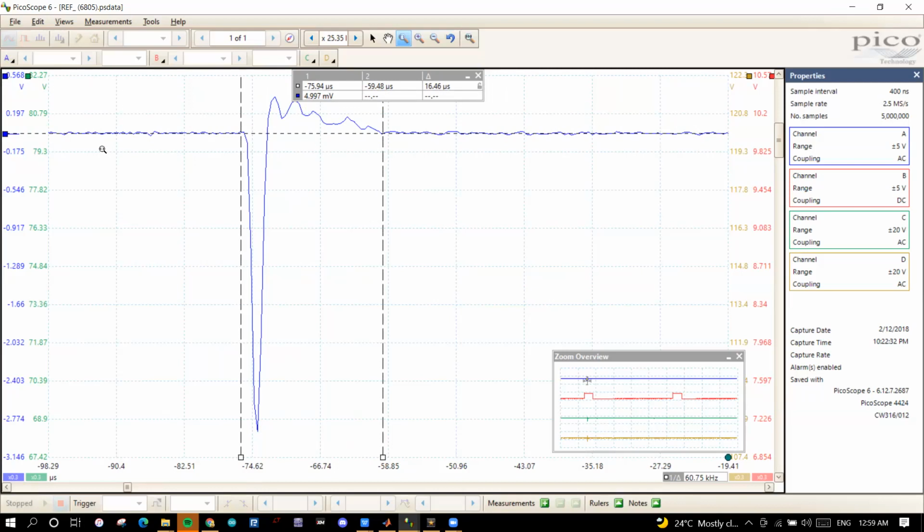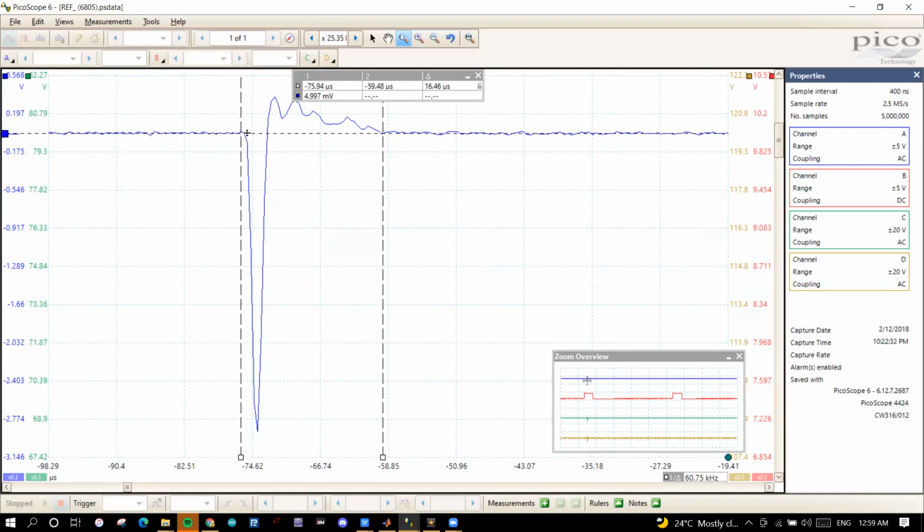As I explained previously, this is narrow positive bipolar pulse. So the characteristic that I would like to see in temporal analysis is the first one, pulse duration.